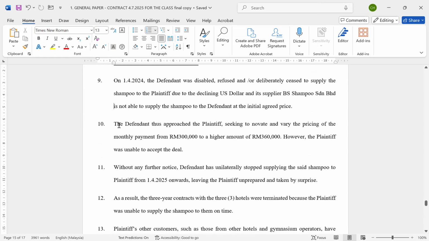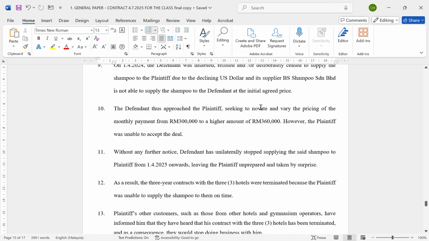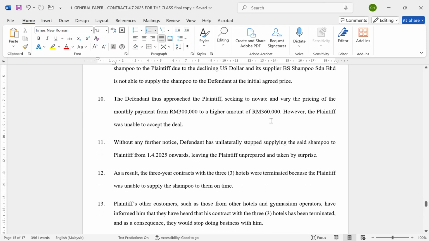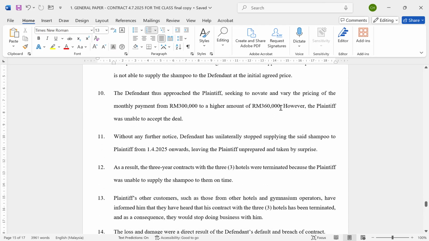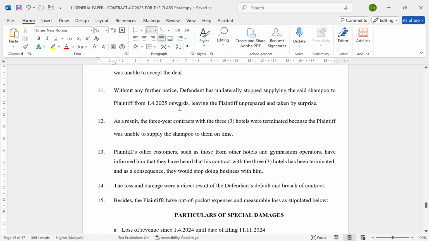Okay. Then subsequently, the defendant thus approached the plaintiff seeking to novate and vary the pricing of the monthly payment from 300,000 ringgit to a higher amount of 360,000 ringgit. However, the plaintiff was unable to accept the deal.